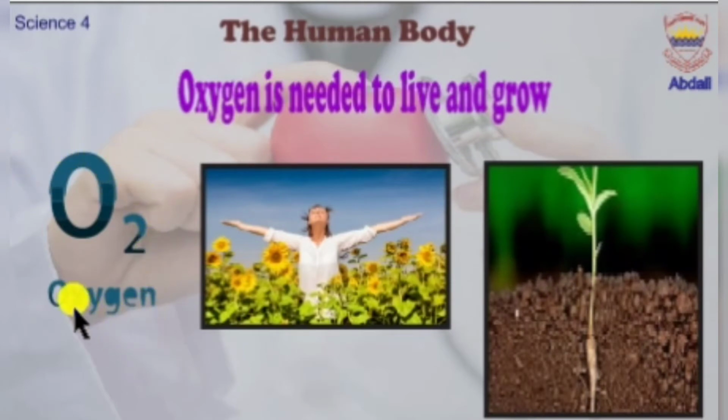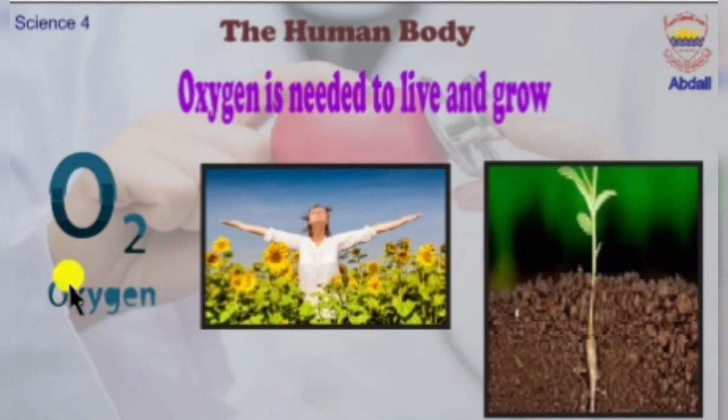Students, as we know, oxygen is very essential for our body. Oxygen is a gas which is present in our body. Oxygen is a gas that humans need to live and grow. Let's repeat it again.